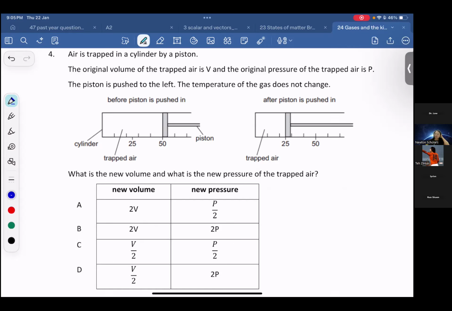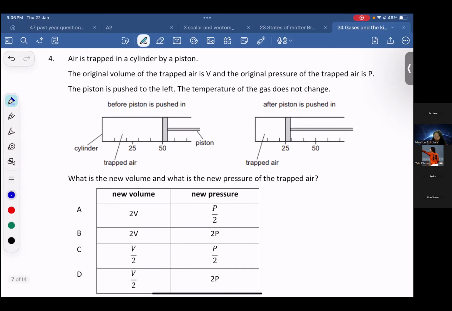What is your new volume when the piston is pushed in?